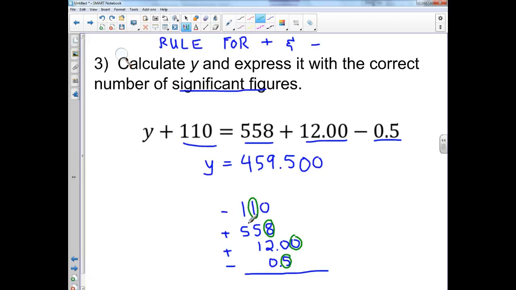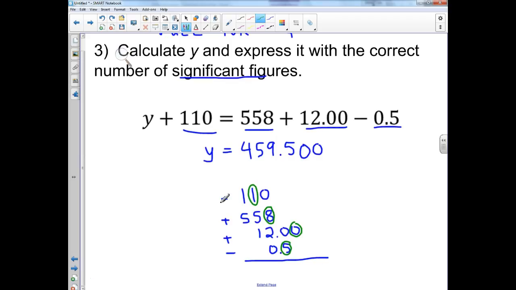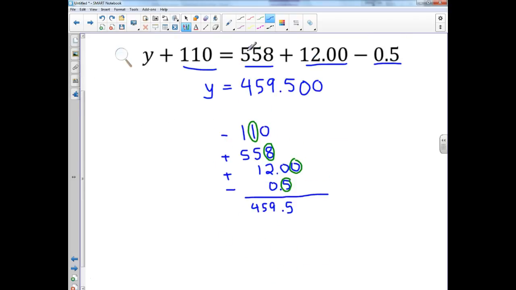Well, it's 110. What place is it rounded to? Well, the last significant figure is the tens place. So you add this all up, subtract, and so forth. You get 459.5, and then you round your answer to the tens place, right here.